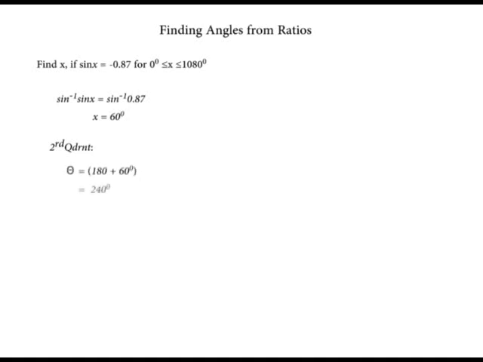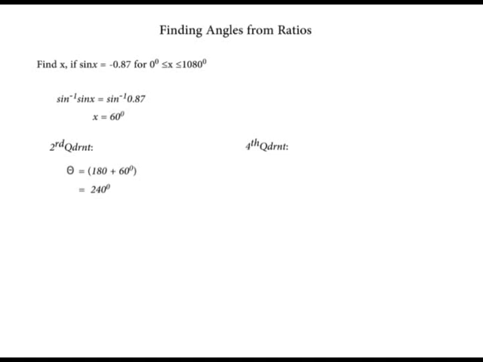That gives us 240. So sine 240 is also equal to negative 0.87. Now, 60 degrees will not be part of our solution because that falls in the first quadrant, and in that quadrant, sines are positive. So we take 240 degrees.